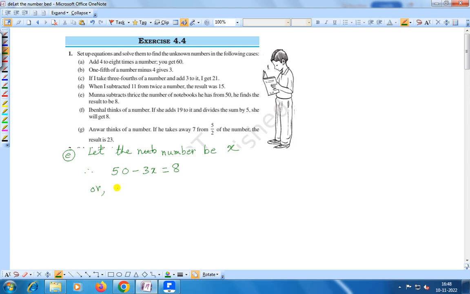Or we can write that minus 3x is equal to 8 minus 50. If you transpose this 50 on the right hand side, plus will be changed into minus 50. Or you can say minus 3x is equal to minus 42. Or you can say x is equal to minus 42 by minus 3.